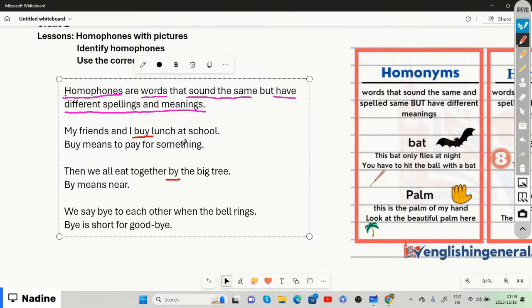And now, if you look at another example, a word that also sounds the same as buy, which is to pay for something, and by, which is near: we say bye to each other when the bell rings.